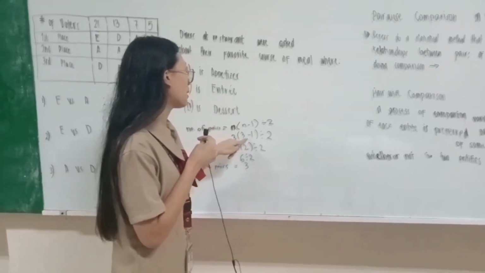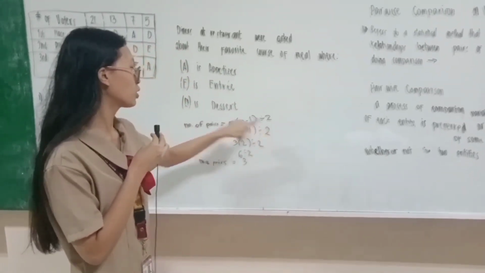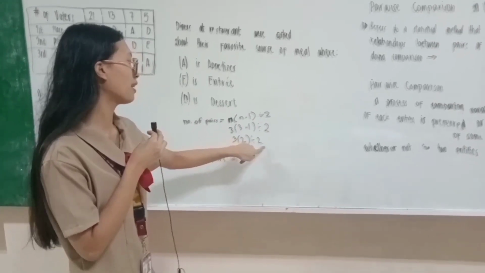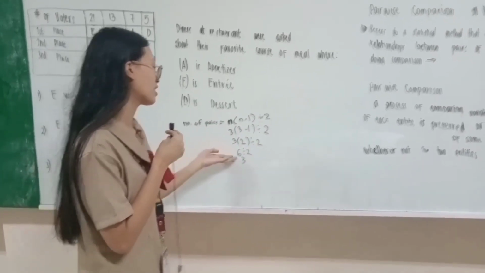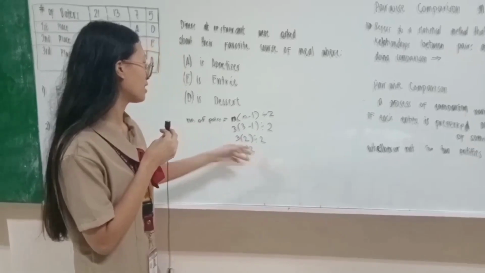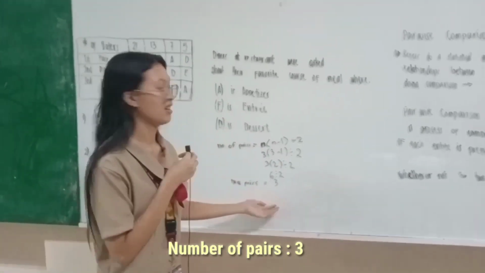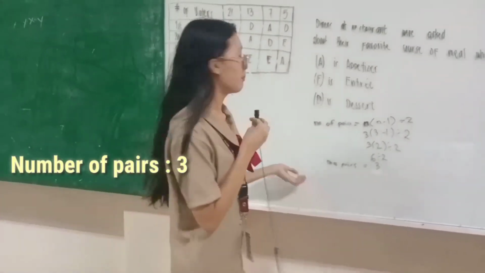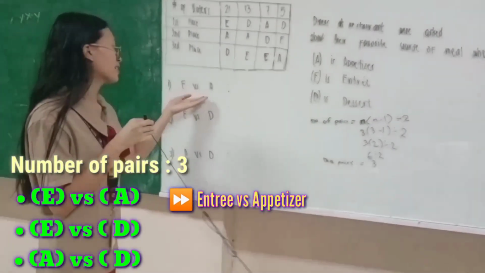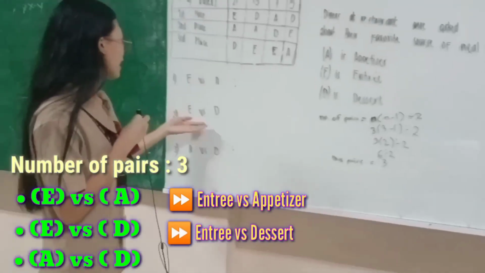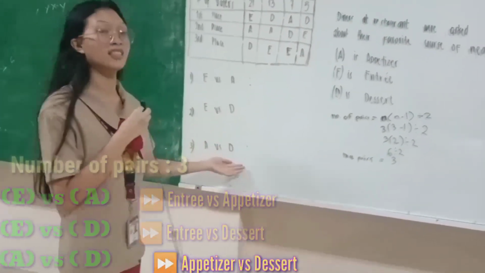So 3 times 3 minus 1 divided by 2, which is 3 times 2 divided by 2. 3 times 2 is 6, and 6 divided by 2 is 3. So the number of pairs of candidates is 3, which are E versus A, E versus D, and A versus D.